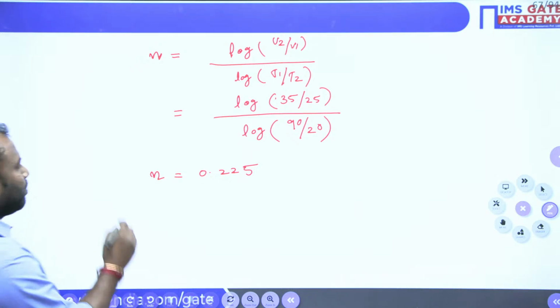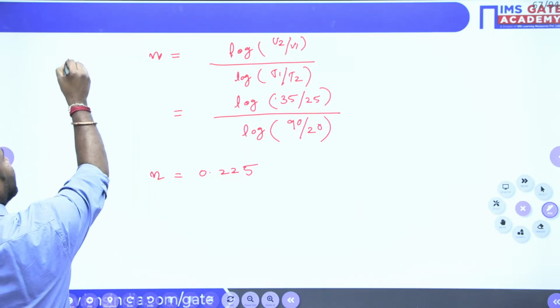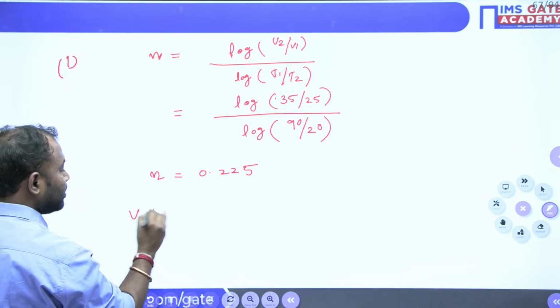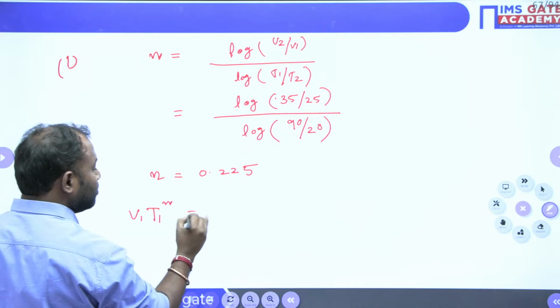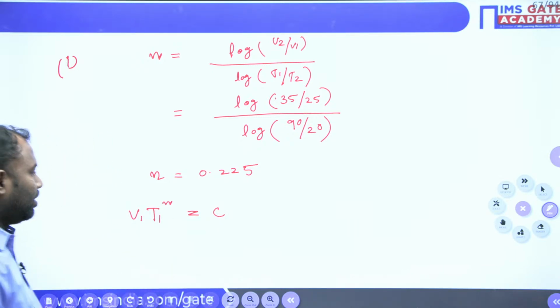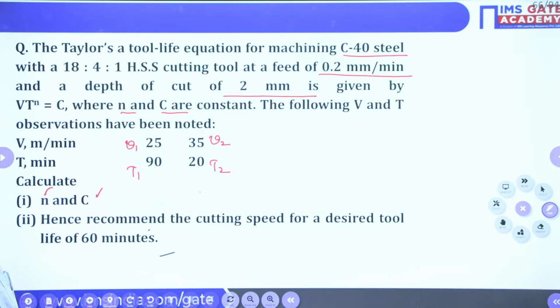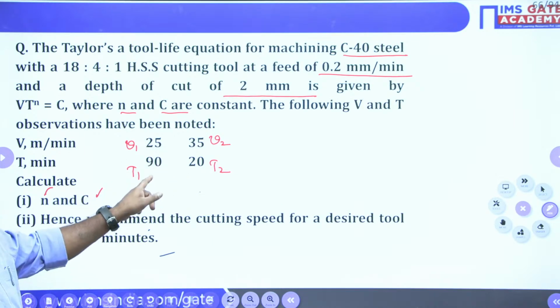First we have to calculate N. Now, let us go for C. V1 T1 power N is equal to C. V1 is 25, T1 is 90.